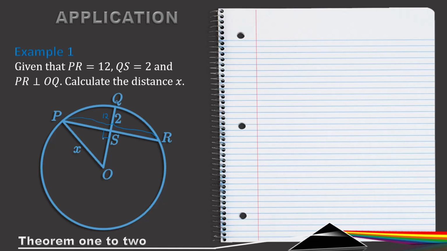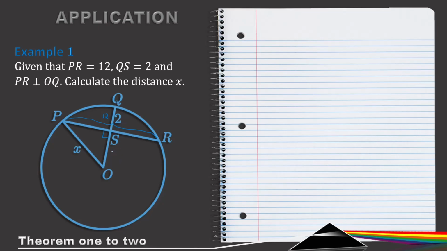And we're going to use that because if I want to find OS, I can either find the actual value, and if I can't find the actual value, I can find it in terms of x and use that in my Pythagoras theorem. So if we know that OQ is x, in terms of x, OS is x, the whole length, minus cutting off the QS, which is 2.